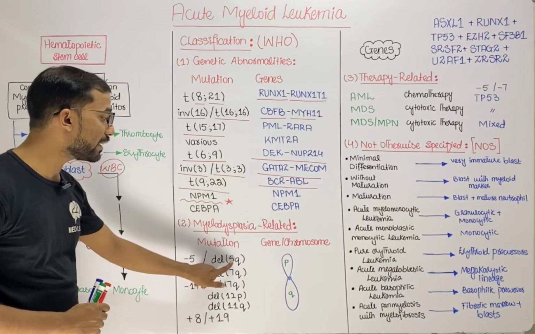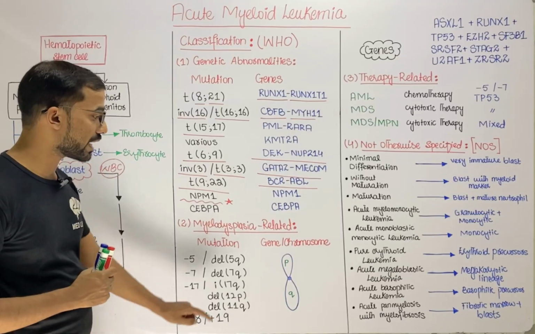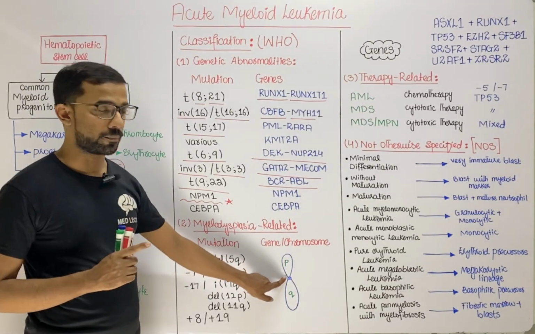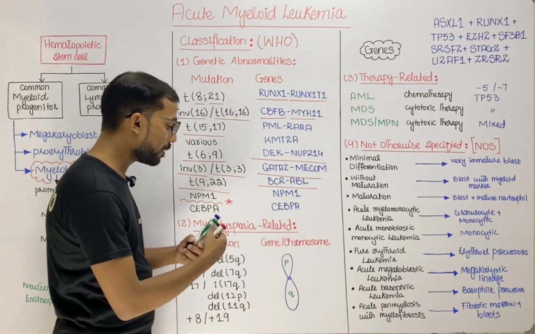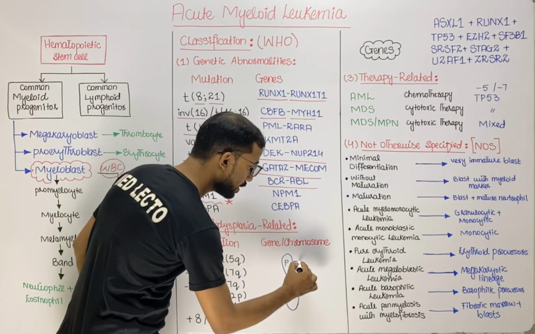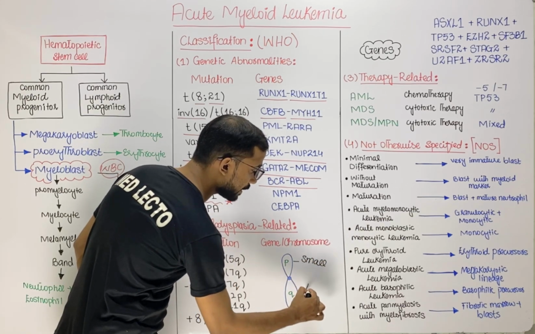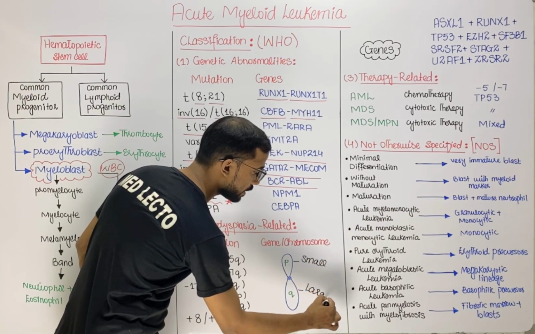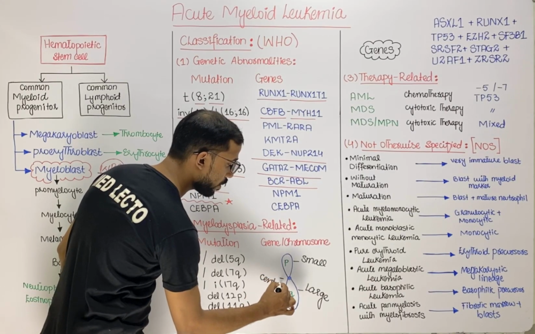And del(5q). So before discussing this type of mutations, you have to understand chromosome has two arms, P and Q. The P arm is small, and the Q arm is large. And at the center, you will see the centromere.